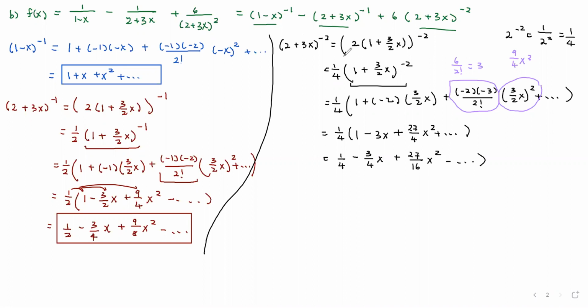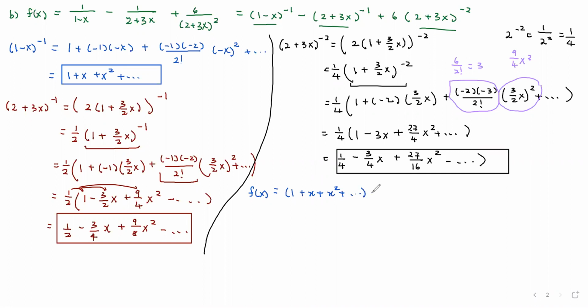Now, in f(x) we must replace all these three expansions. For the first partial fraction, we replace it with 1 plus x plus x squared, minus the second term: 1 over 2 minus 3 over 4 x plus 9 over 8 x squared.